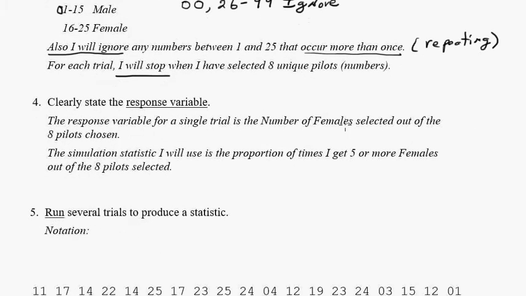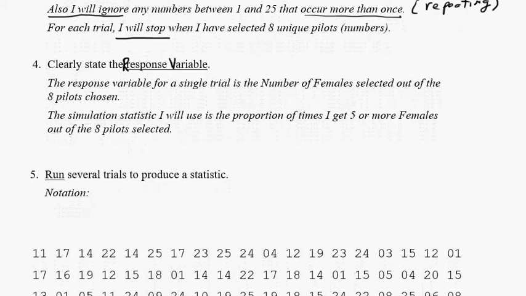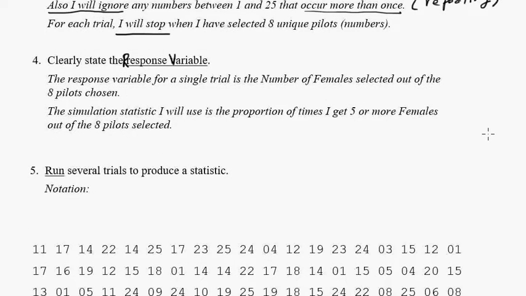The next thing is the response variable. This is what you're going to compute for the simulation in order to empower you to make a decision. After teaching this a long time, I consider having a trial response variable and a simulation response variable, so I break it out.